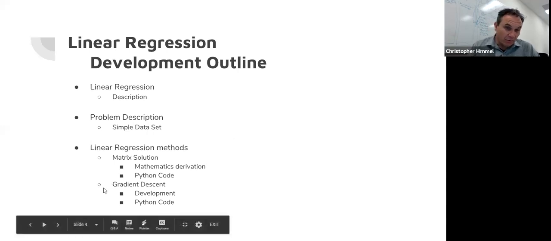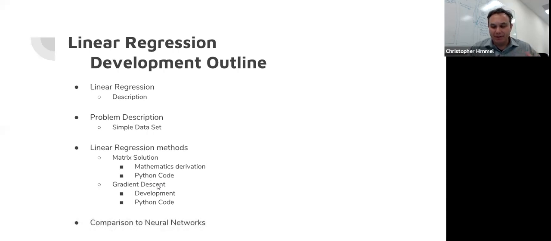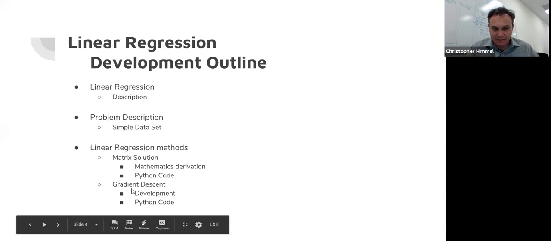Then we're also going to do the same linear regression problem, but we're going to solve it a different way. We're going to solve it using gradient descent. And we're going to show all the math behind that gradient descent. It's not much.